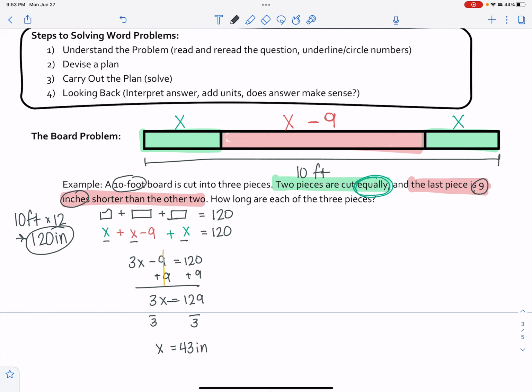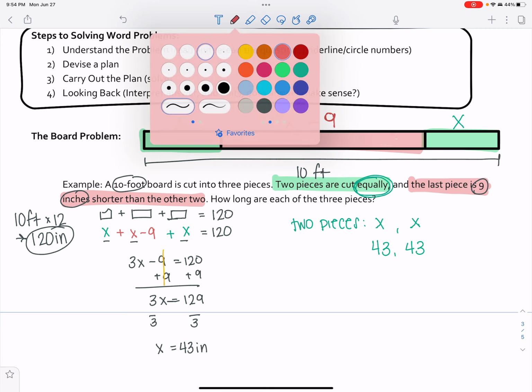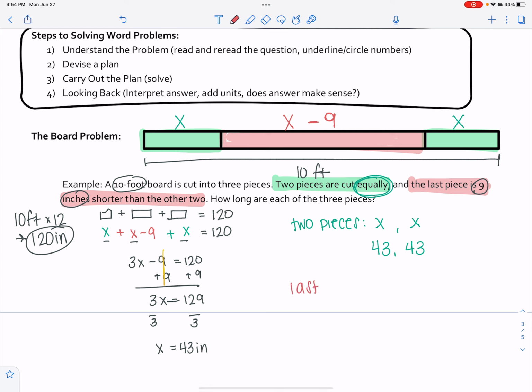Now, the question did not ask me to solve for x. The question asked me to find all 3 pieces. Well, 2 pieces were cut equally, and those we said were x, and we found x to be 43. And then the last piece is 9 inches shorter than the first.